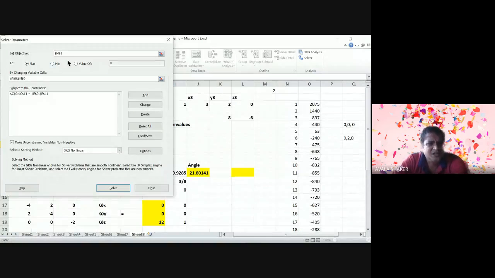In set objective, you set any random cell. Okay, you put just some random value and say maximize. So this has got nothing to do with the problem as far as we are concerned. Okay, so you can use this if you have a single value problem, then it becomes easy. So you can set the value to 0. But since we have three equations, we will.